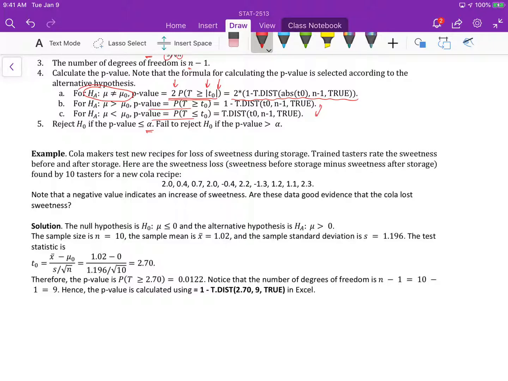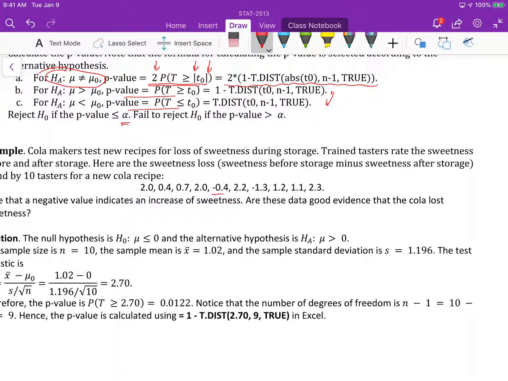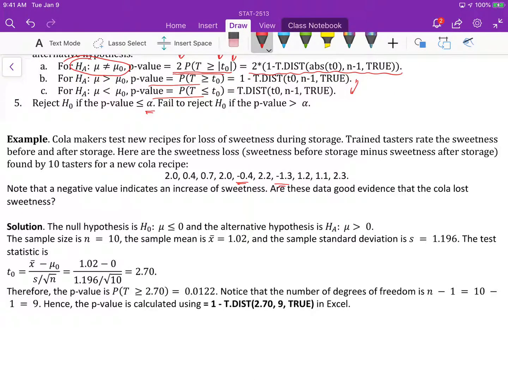Notice the negative numbers: a negative value indicates an increase of sweetness. The question is, are these data good evidence that cola lost sweetness? A positive value indicates a loss of sweetness, so basically, we just want to test whether mu is greater than zero.